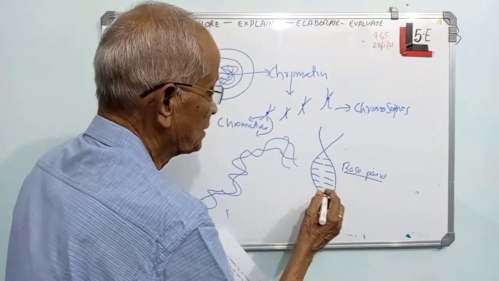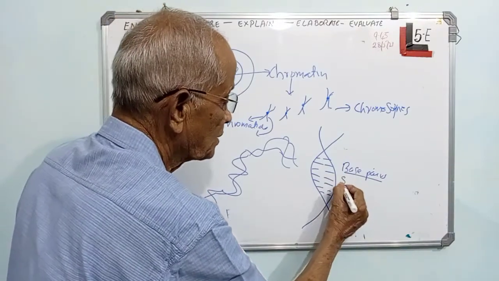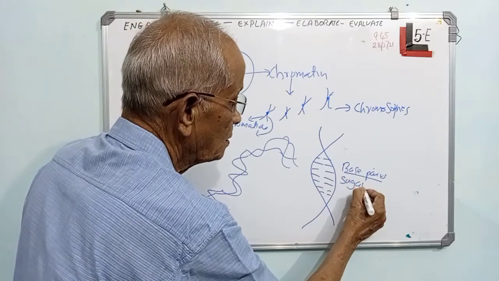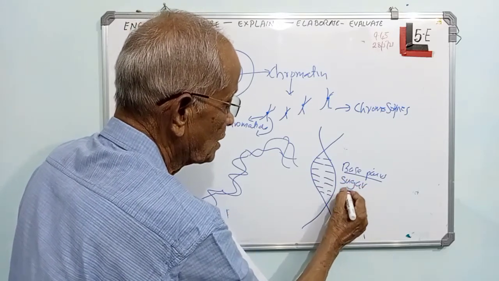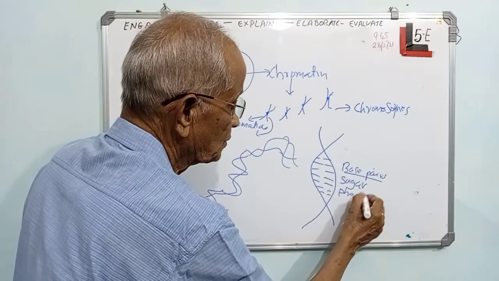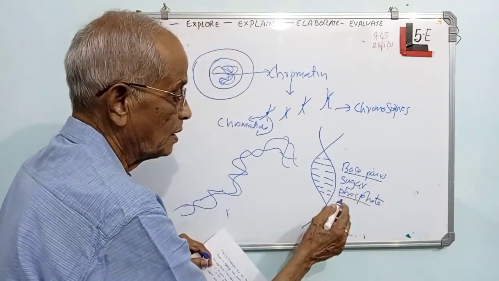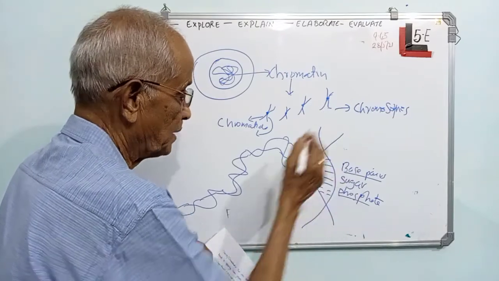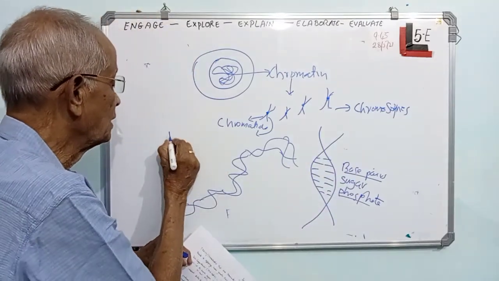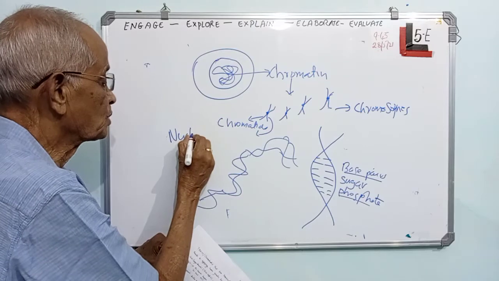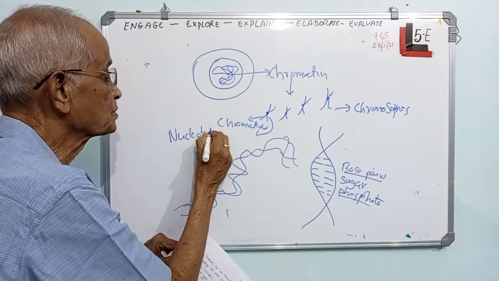DNA also contains the sugar. It also contains a phosphate. So today we know that the DNA is made up of phosphate, sugar and base pairs, or we can simply call them, they are made up of nucleotides.